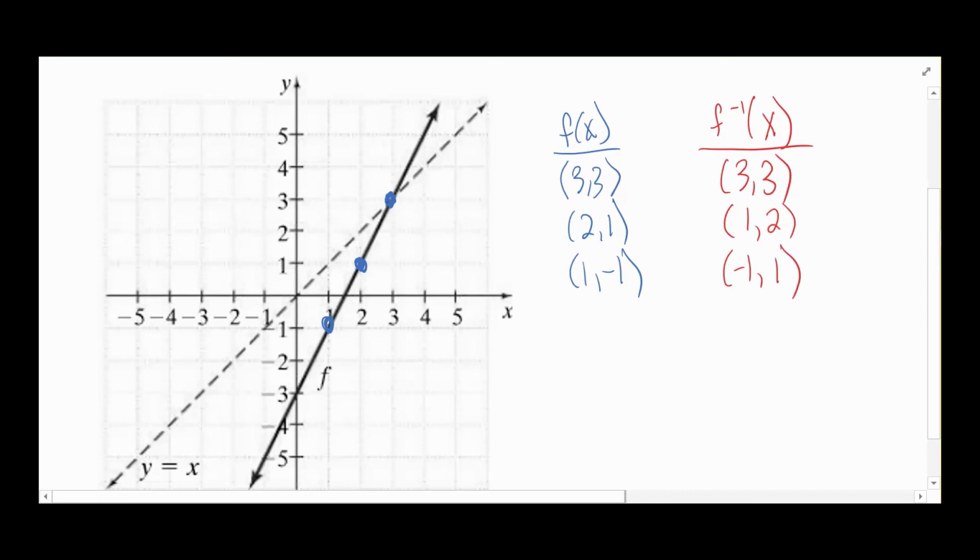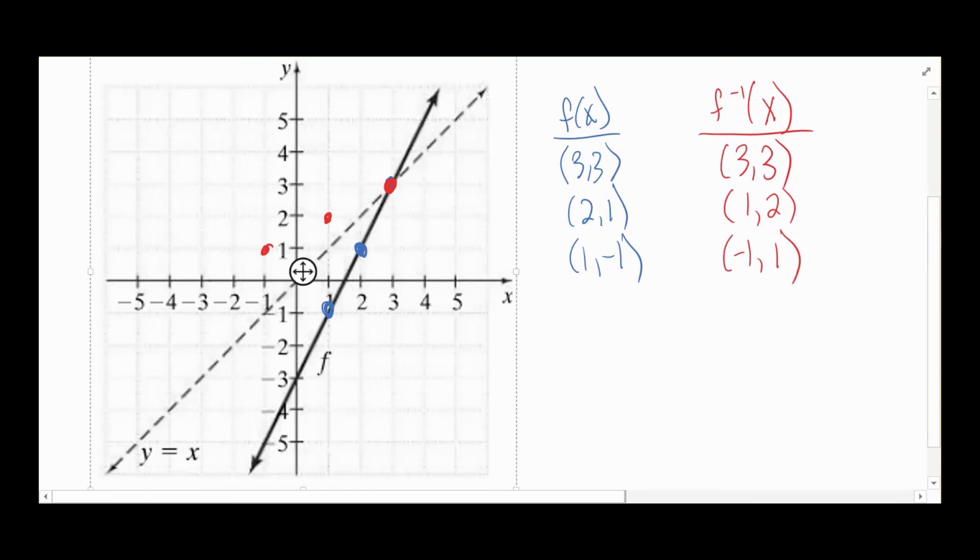So if I now plot those three ordered pairs, we have (3, 3), we have (1, 2), we have (-1, 1), and when I connect those dots, sure enough, it looks like we have symmetry with respect to that dotted line. So if you're given a graph and you're asked to find the graph of the inverse, we basically just find ordered pairs that are on the graph of f and then just flip-flop them. And that's all you got to do.